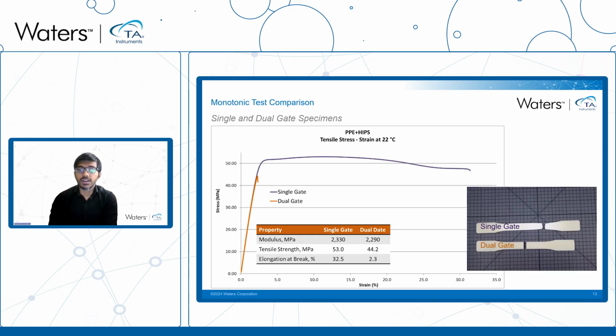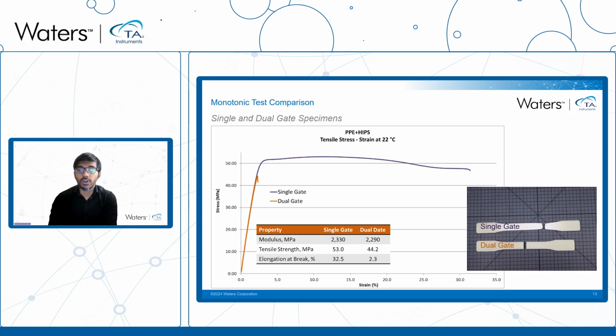While the stress-strain curves of the two sample sets were nearly identical through the linear elastic region, here you can see, for most of the nonlinear elastic stages, a 16% reduction in tensile strength was observed for the dual-gate specimen. And the dual-gate specimen also experienced failure right around that neat line that we are considering as the defect in this case.